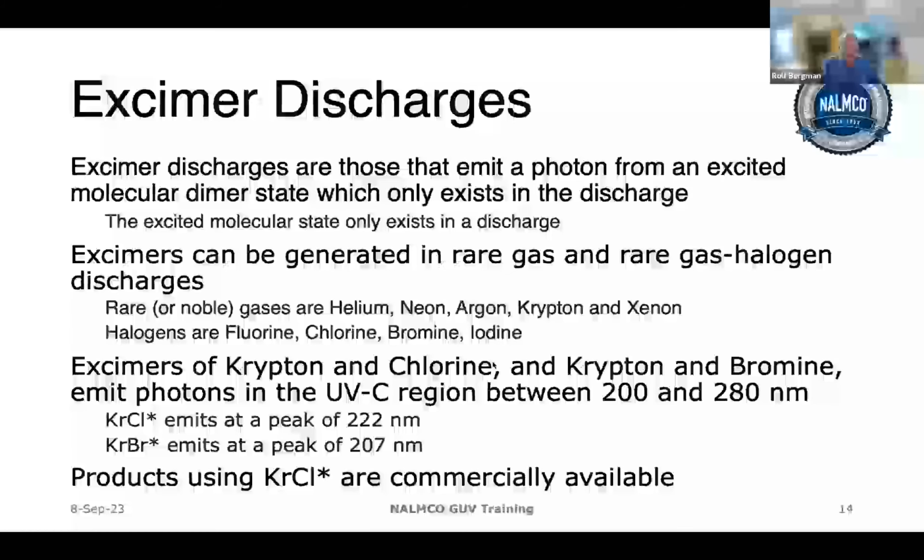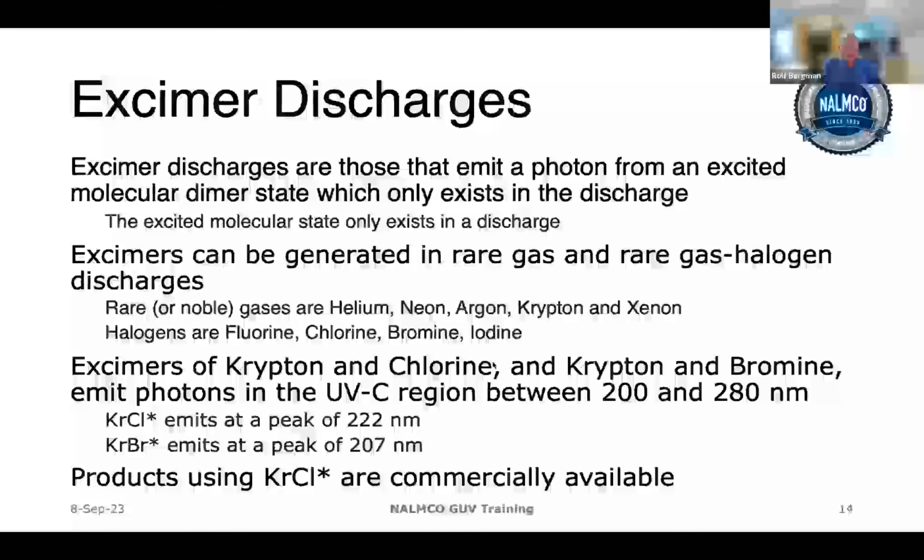They can be created out of many different combinations. All the rare gases, helium, neon, argon, krypton, and xenon will form dimers, not very efficiently for most cases, except for xenon, which forms a dimer that is very large in number. But we can add halogens, fluorine, chlorine, bromine, and iodine, to the gas.